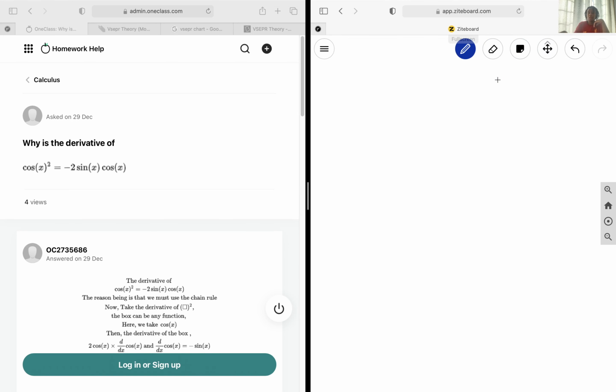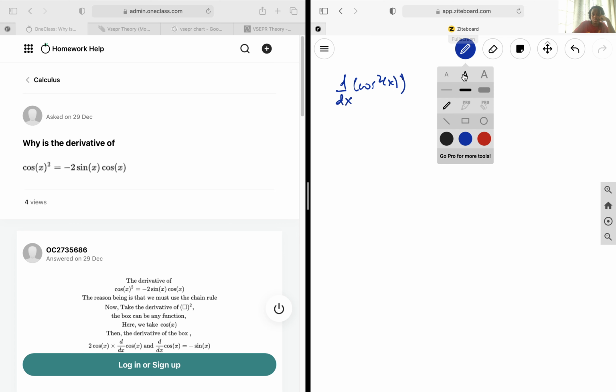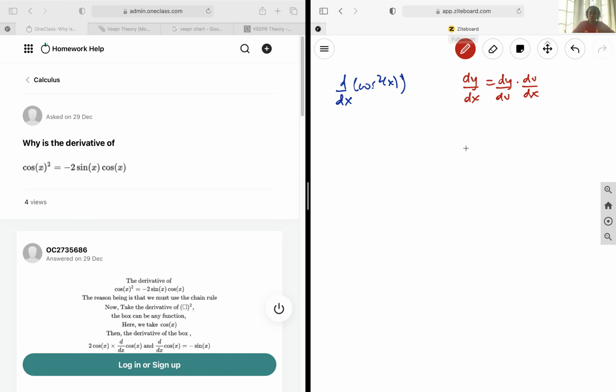Okay, for our next question, we are looking for the derivative of cos squared x. We're going to be using the chain rule here, and it just states that dy over dx is going to be dy over du multiplied by du over dx. The two would naturally cancel.